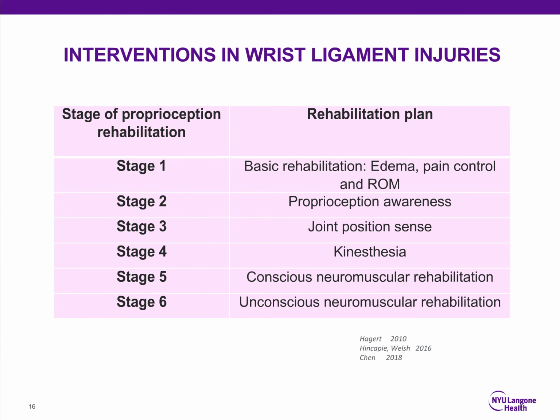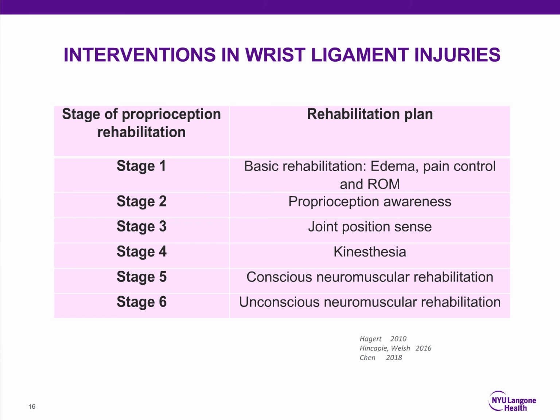Dr. Elizabeth Hager in 2010 provided us with the guidelines or the rehabilitation plan for proprioception rehabilitation in patients with wrist ligament injuries. She developed that plan in 6 stages. Stage 1 is basic rehabilitation, edema control, pain control, and range of motion.